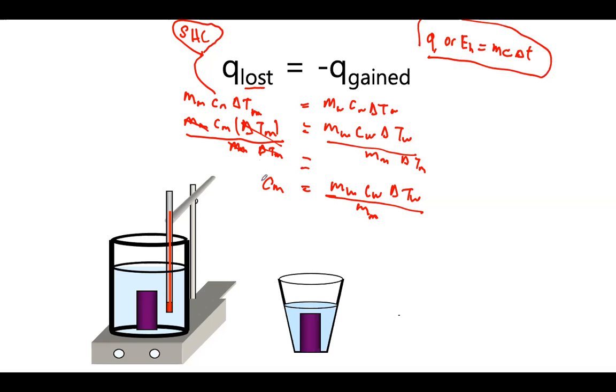So we transpose this equation and divide both sides by the mass of the metal and the temperature change. These two will cancel, leaving us with this relationship. So where's the Q represented? Q is heat energy.